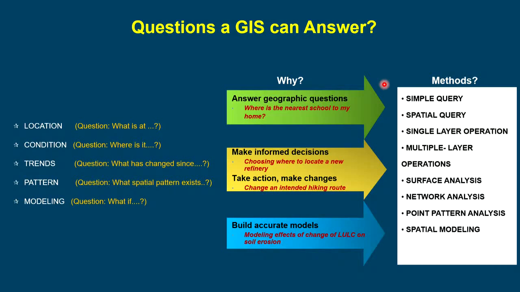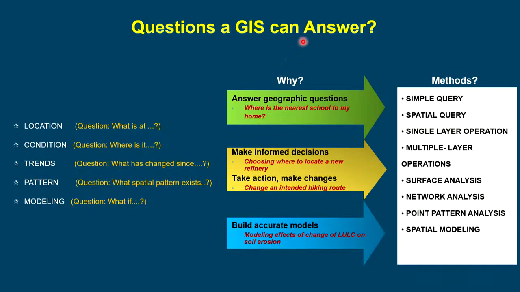Now, questions a GIS can answer, like location, where is it, at what place, and condition, you can apply. These types of questions may be in your mind, and all of them can be answered by the GIS system. For example, you want to analyze the pattern of a particular thing, like what spatial pattern exists over this data set; you can analyze that in the computer system.